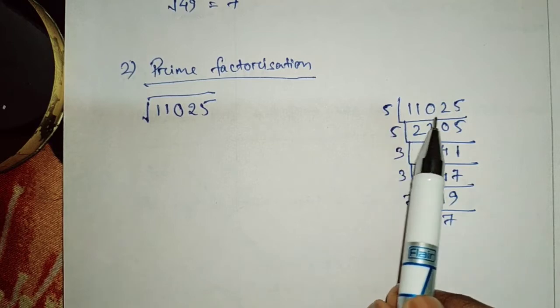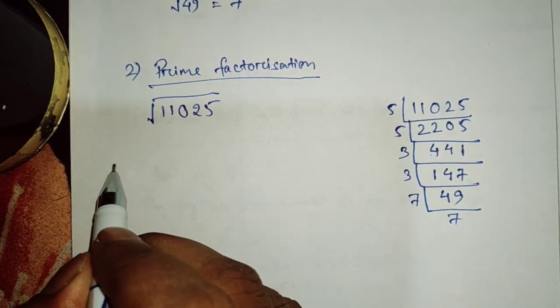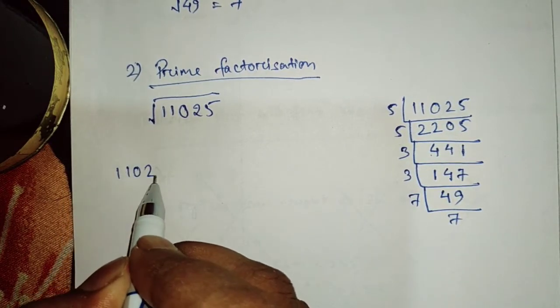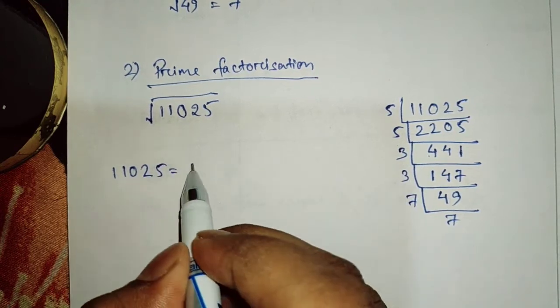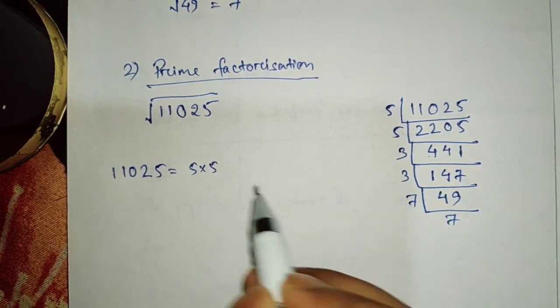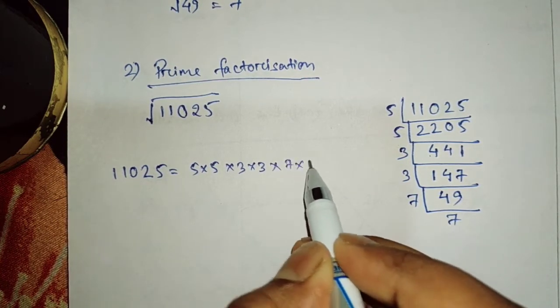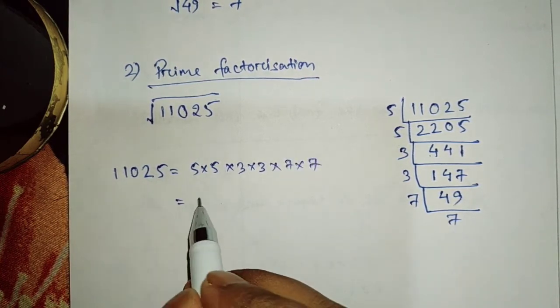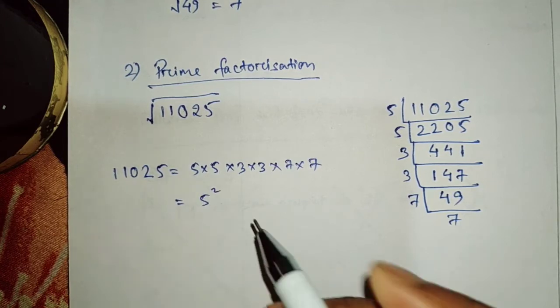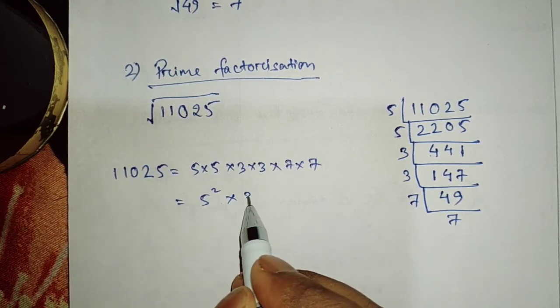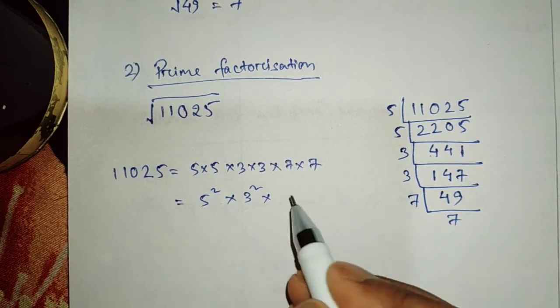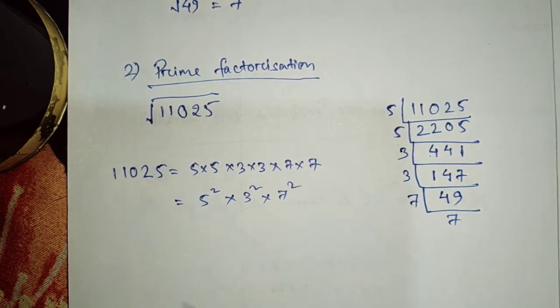So the prime factors of 11025 are: 11025 is equal to 5 into 5 into 3 into 3 into 7 into 7. That is 5 square into 3 square into 7 square.